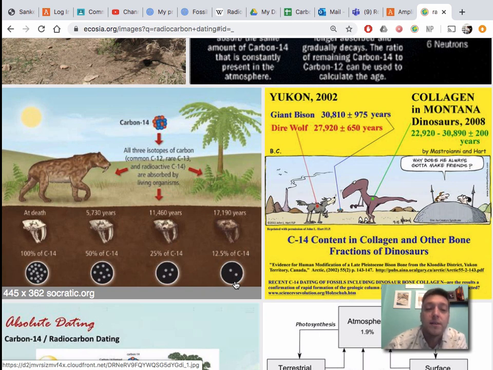You can use carbon dating on them because I believe saber-toothed tigers and early humans were around at the same time. But you can't use carbon dating for dinosaurs, because now we're talking millions of years, so you have to use an isotope different from carbon.